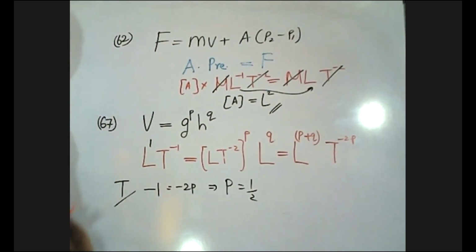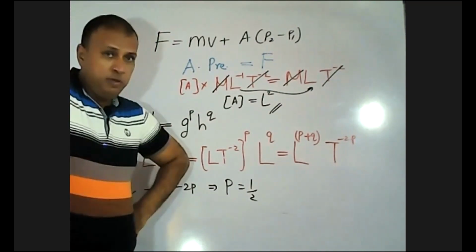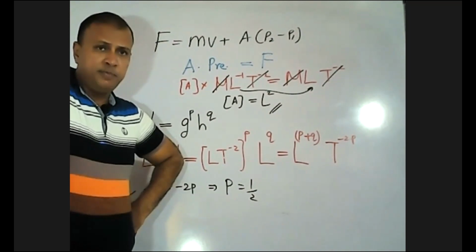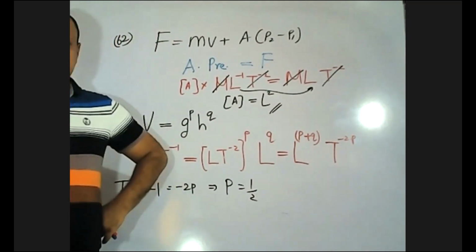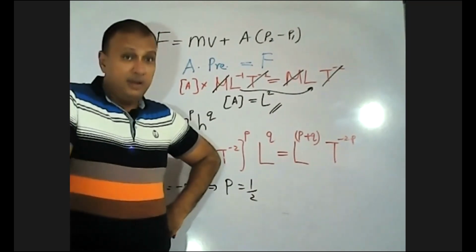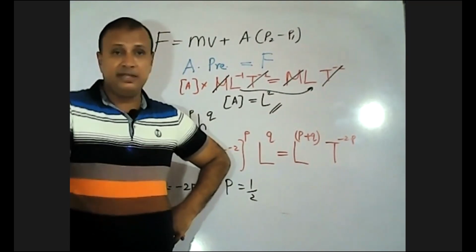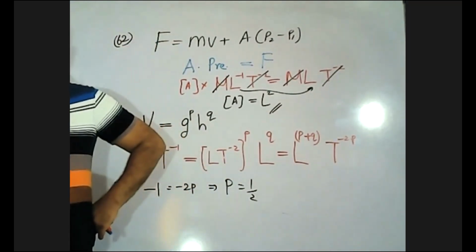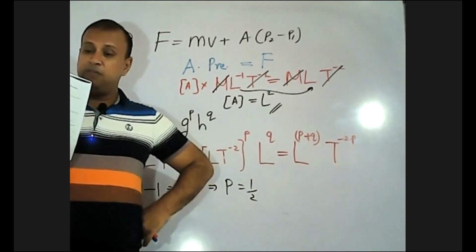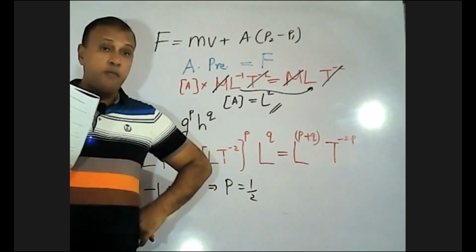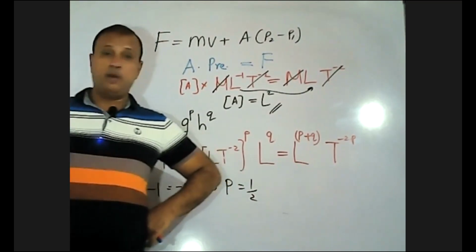Actually, we cannot assume that; it should be given. Otherwise, we cannot do the question without the value K. But here there is a single phrase: the velocity v of the freely falling object is only proportional to g to the power p and h to the power q.